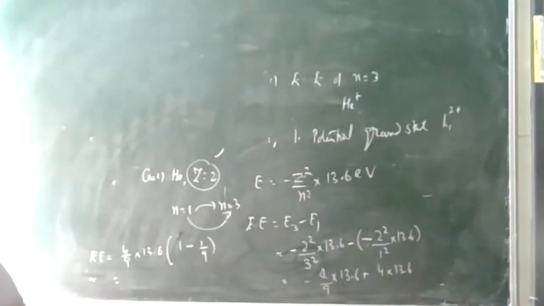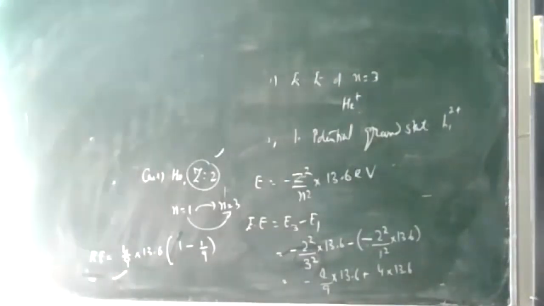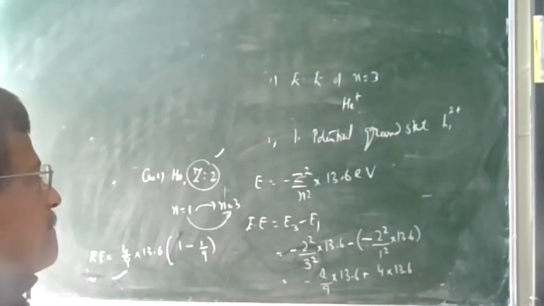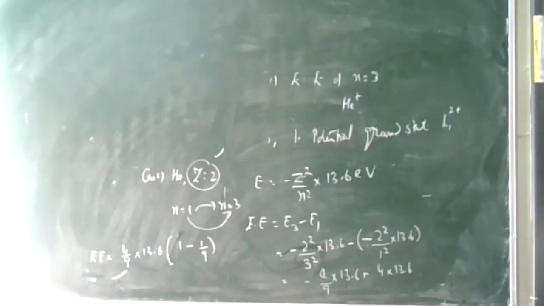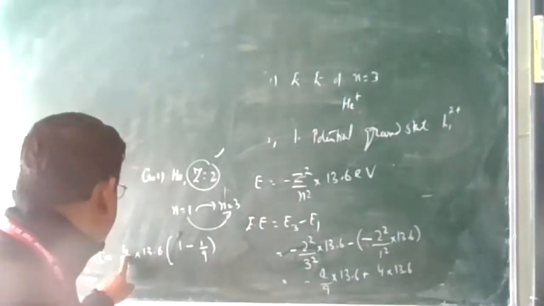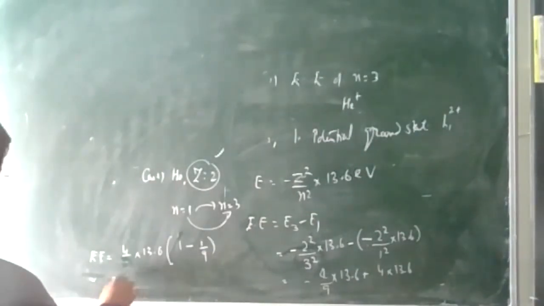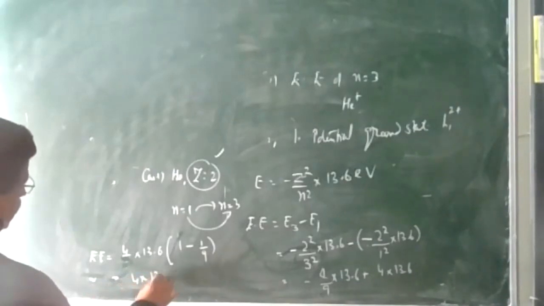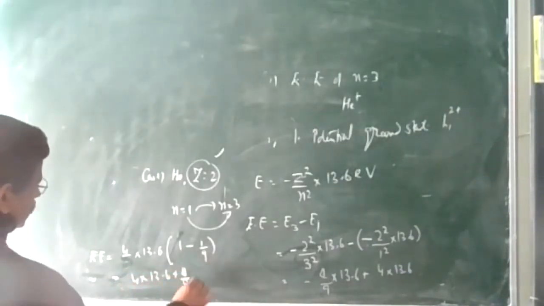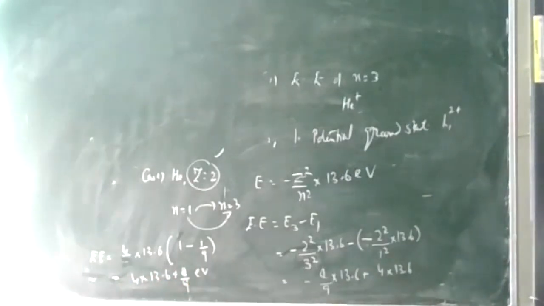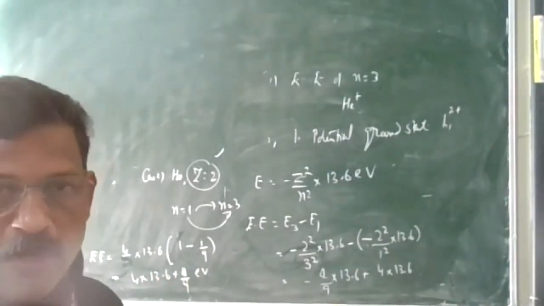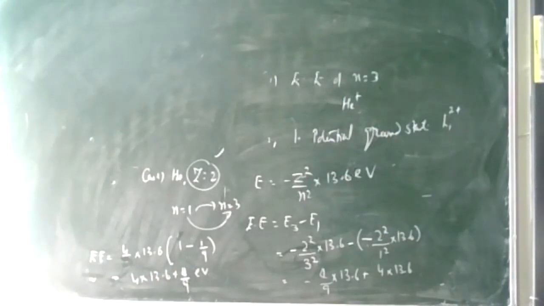So substitute the values and calculate: 4 into 13.6 into 8 by 9, so many electron volts. Anyone calculated? The value is 48.36 electron volts.